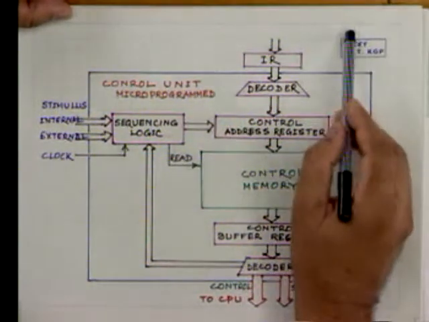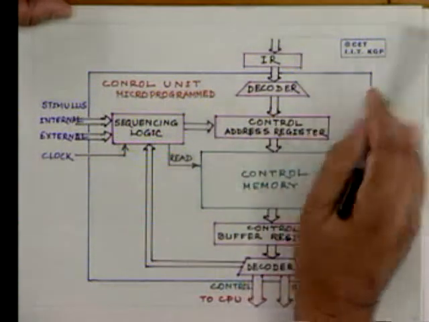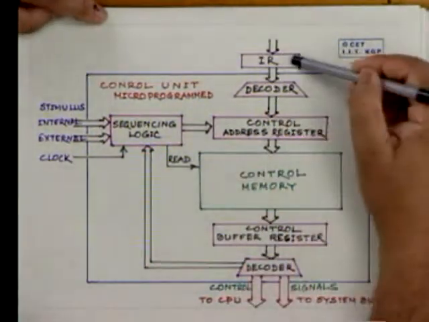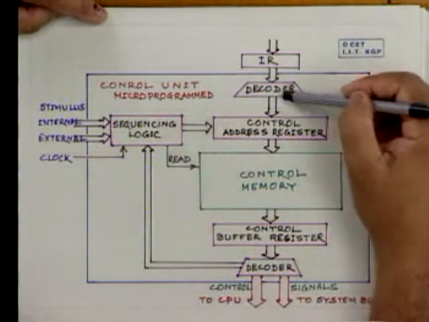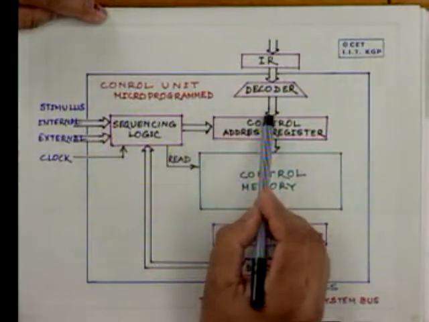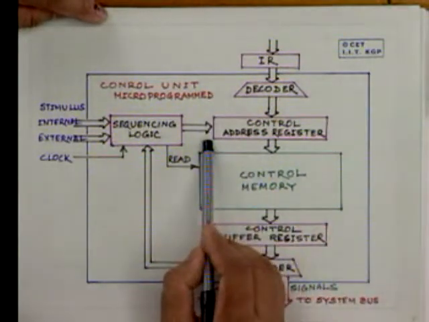Naturally, that instruction should come from the memory and will be channeled to the instruction register here, which will be decoded, and the decoded output should come to what we call a control address register.